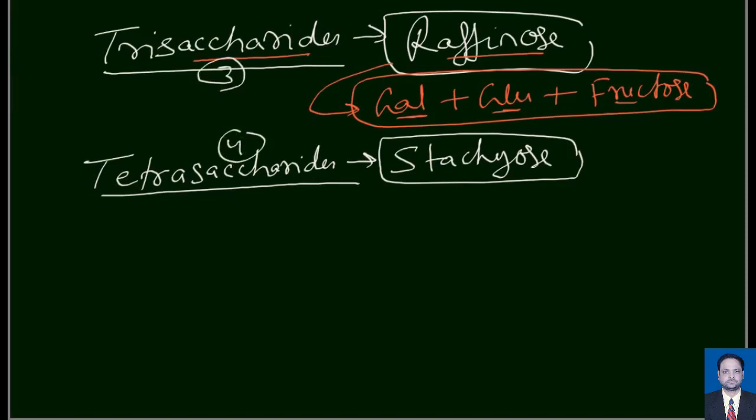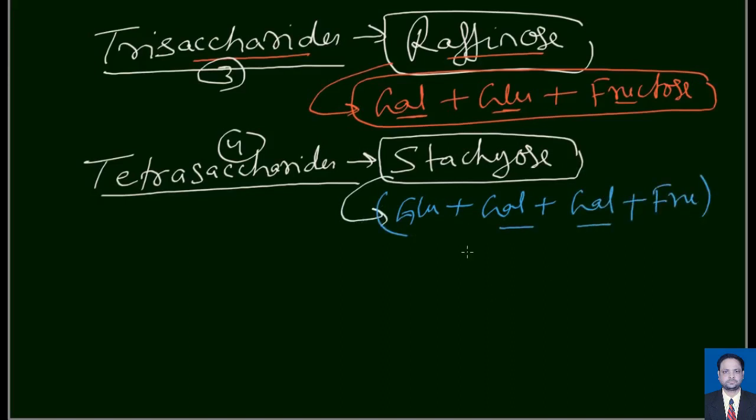So let's see the combination: glucose plus galactose plus fructose. Got it? Here we find two galactose present, so in total there are four. So stachyose is a type of tetrasaccharide.